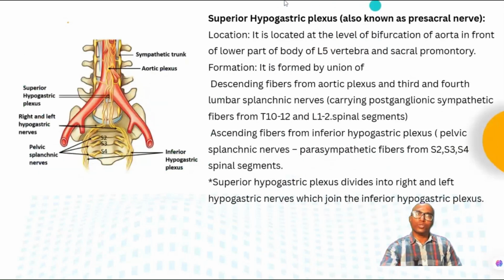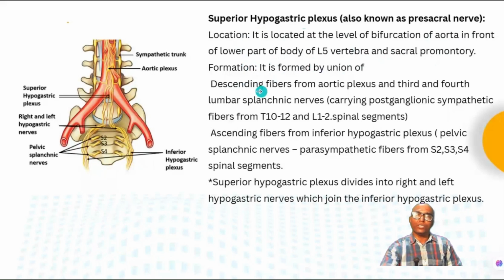Then there is a superior hypogastric plexus, also known as the presacral nerve. This superior hypogastric plexus is located at the level of the bifurcation of the aorta, in front of the lower part of the L5 vertebra and sacral promontory.